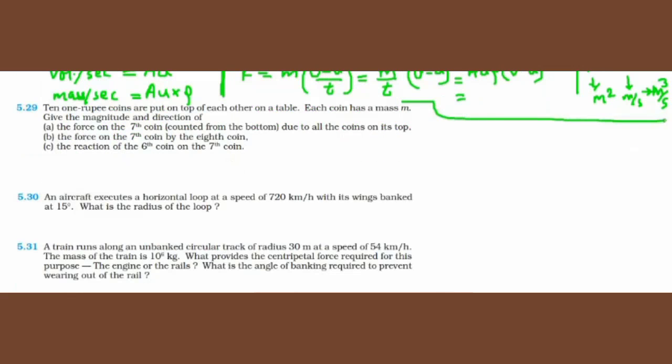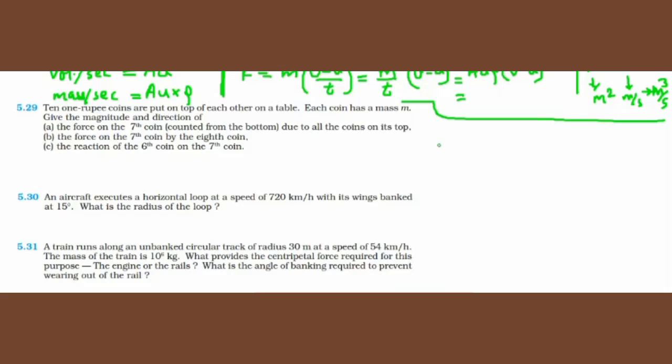Okay. Now, next question 29. 10 one rupee coins are put on the top of each other on a table. Each coin has a mass m. Give the magnitude and direction of the force on the seventh coin due to all other coins.